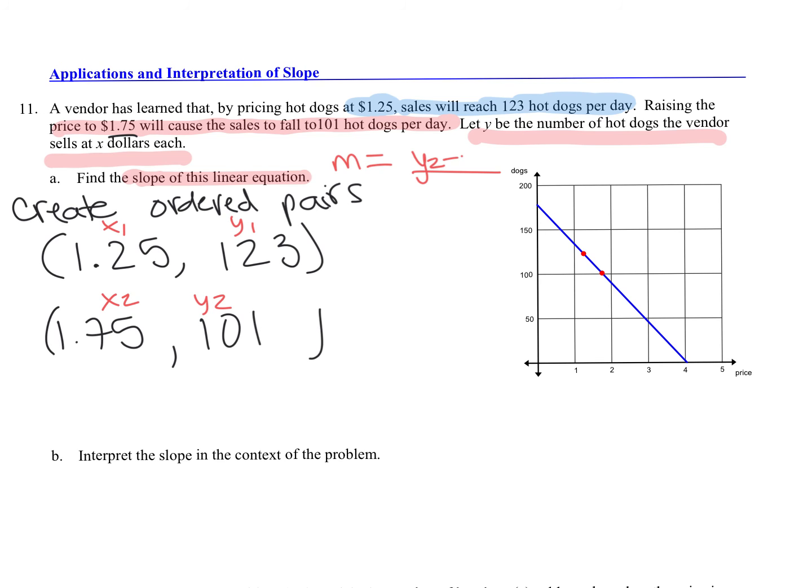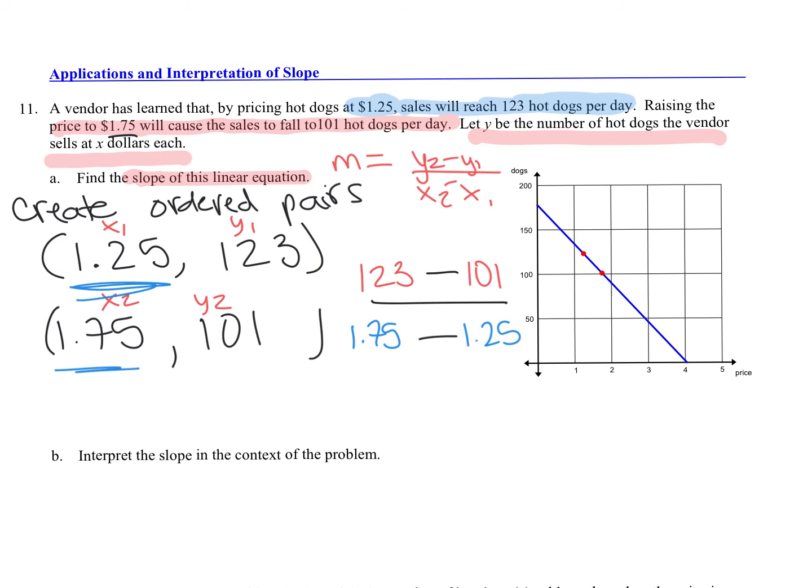Then we can use our formula: m is equal to y2 minus y1 over x2 minus x1, and I can just plug my values in. I'll have 123 minus 101 on the top, and on the bottom my x2 minus x1, so 1.75 minus 1.25. When I work that out, I end up with negative 44.